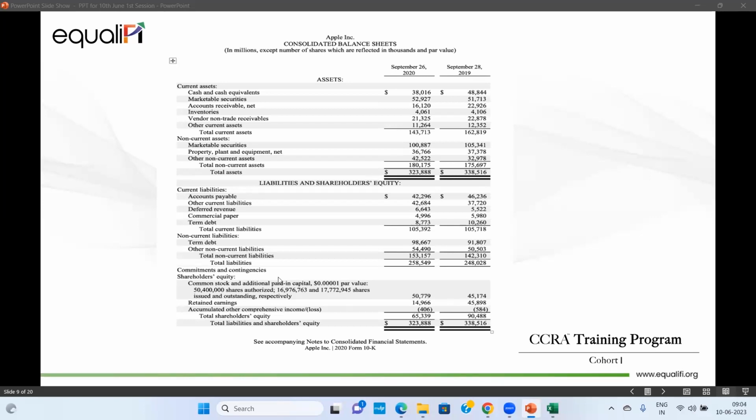Can you start the discussion? So Bharat is writing total debt increase, equity down. CA covers CL. Okay. Long-term debt has increased from 91 to 98.